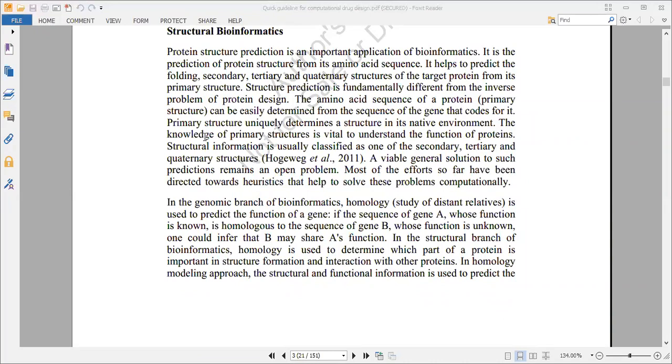The knowledge of primary structure is vital to understand the function of protein. Structure information is usually classified as one of the secondary, tertiary, and quaternary structures. However, a viable general solution to such prediction remains an open problem. Most of the efforts so far have been directed toward heuristics that help to solve these problems computationally.